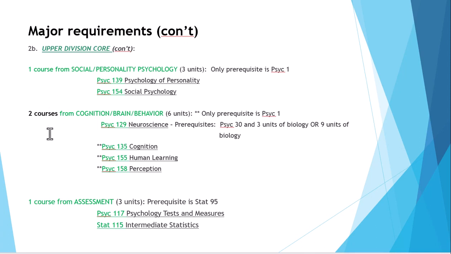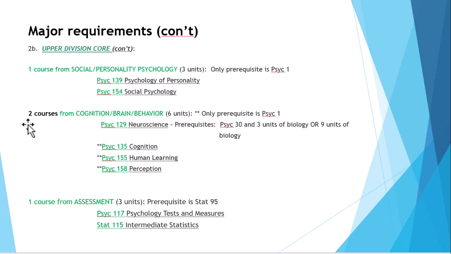Now in this box, it's called the cognition, brain, and behavior area. We'd like our students to choose 2 courses from this box. So we're giving you choices between Psych 129, neuroscience, Psych 135, cognition, 155, human learning, or 158, which is perception.